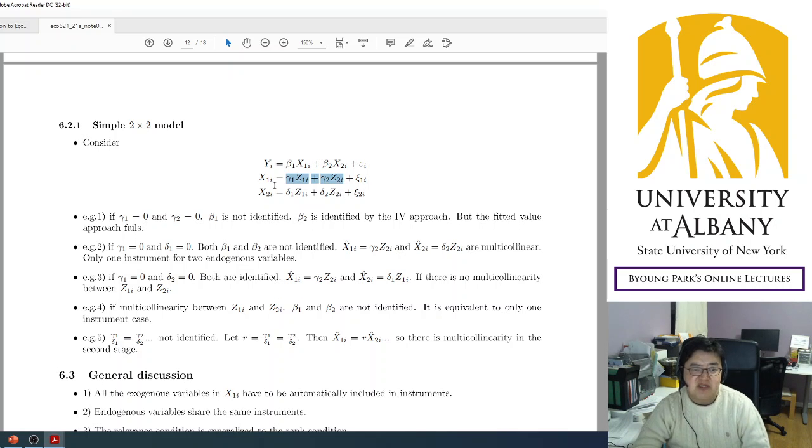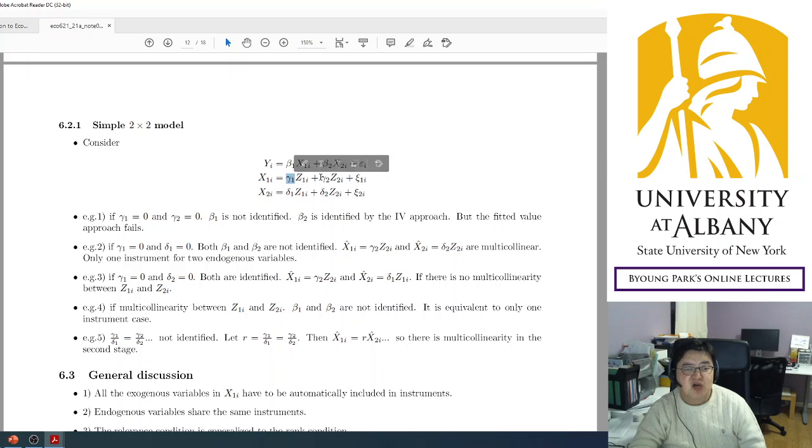So this part is the only part that provides information to you. The other part, the remainder, is useless because it is correlated with epsilon. So the variation in psi does not help at all in identification. Therefore, if gamma 1 and gamma 2 are 0, then you have no informative variation in x1. So beta 1 is obviously not identified.